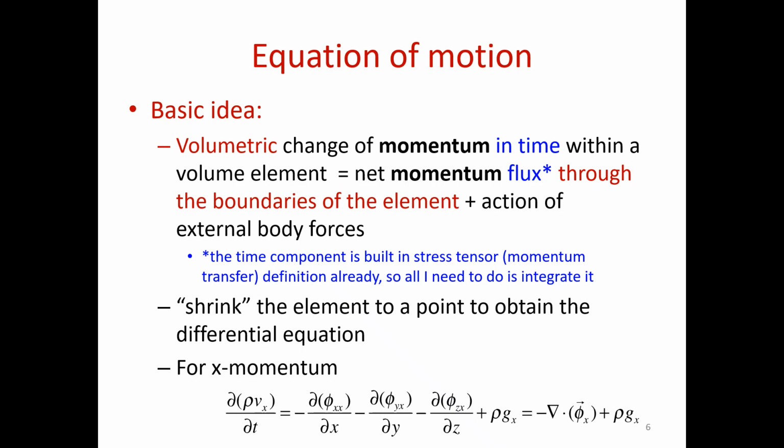d/dt of rho vx, which is my x momentum change. We used to have only rho here, right? It is minus d/dx of phi xx, minus d/dy of phi yx, minus d/dz of phi zx. And one thing I have to also recognize is that external forces can change momentum, so I have to add them here.